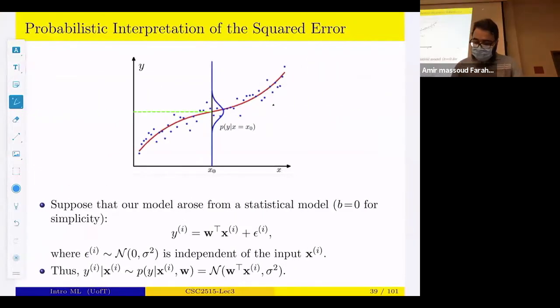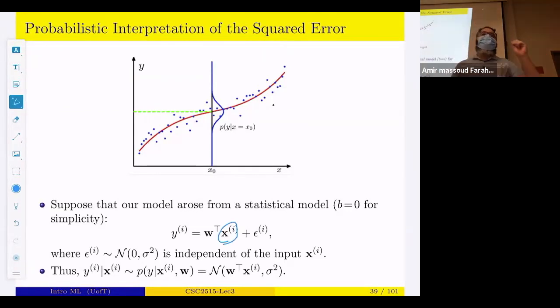So the probabilistic interpretation assumes that the data comes from some probabilistic model. So what is the model? Let's go through it and see how it works. Suppose we have a model that takes inputs, xi, for example.